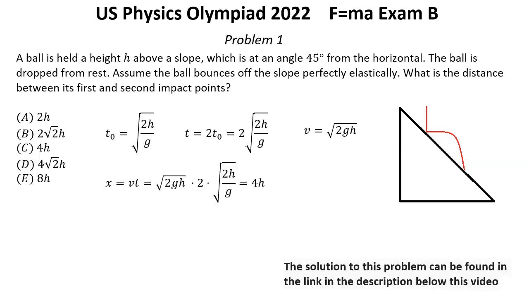That will be x equals vt, or 4h. And the last step is to find the distance. The distance will be the square root of 2 times x, or 4 square roots of 2h. That's answer D, and that was the solution for problem number 1.